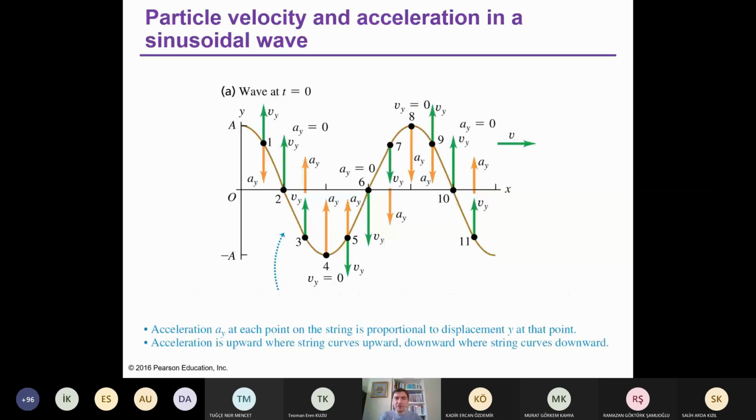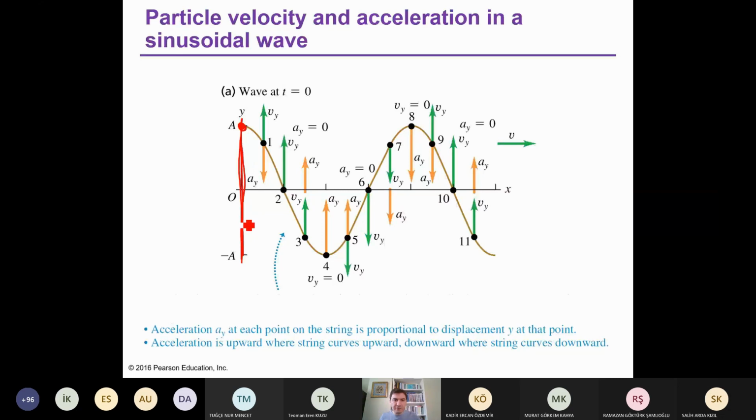Then let me show you the velocity and acceleration in a sinusoidal wave here. Let's consider here I have a particle, okay? And this particle is moving around equilibrium, okay, like this. And here we have another particle.